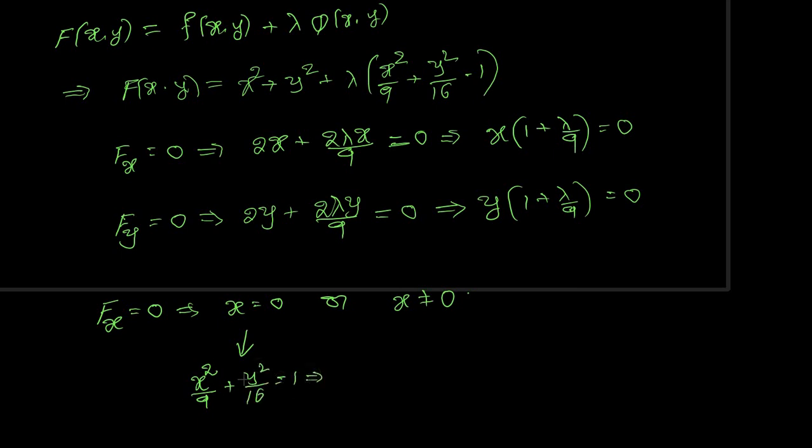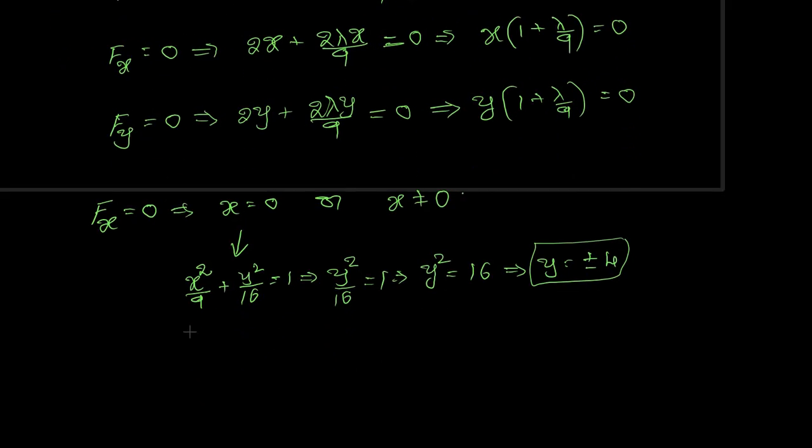Substituting x equal to 0, y square by 16 equal to 1, so y square equal to 16, which implies y equal to plus or minus 4. So when x is 0, y can be plus or minus 4. This is one critical point.